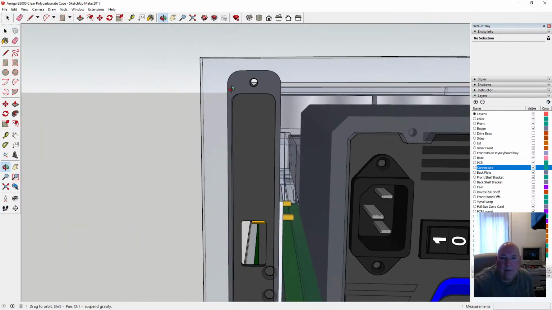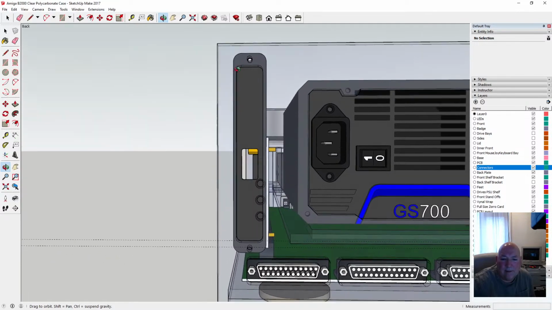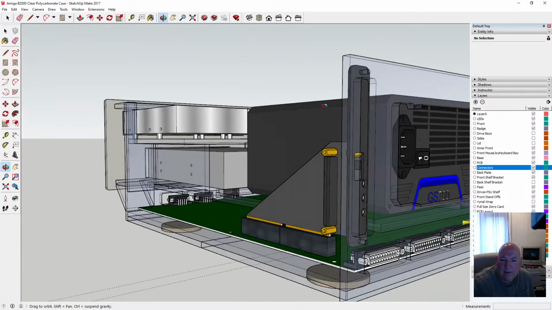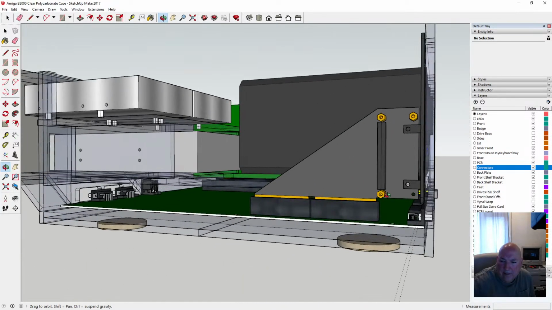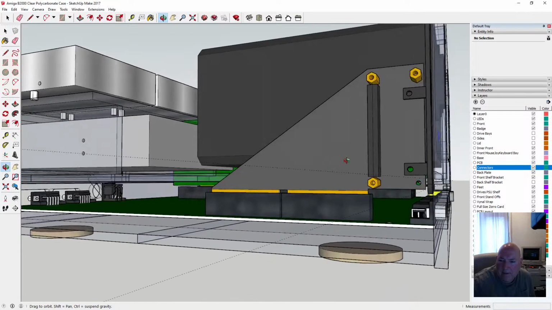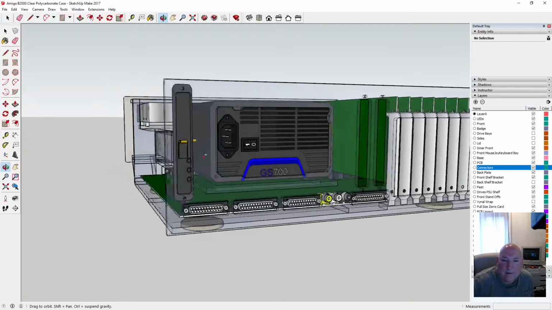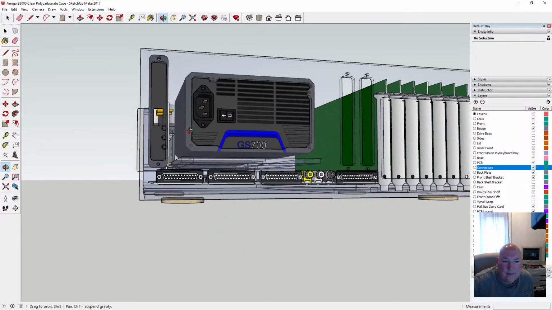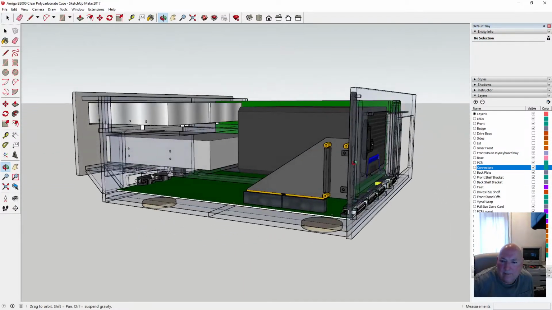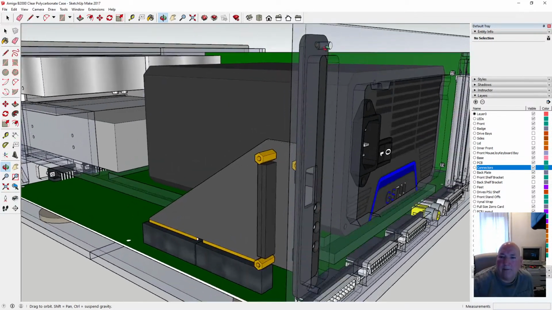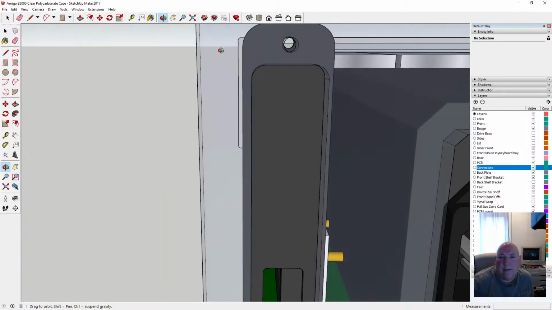Right, almost, damn it. So that PCB's in the right place now. The measurements are in the right place. Almost, but damn it. So we know this is the right height, everything's the right height and the right width. So I could be out.